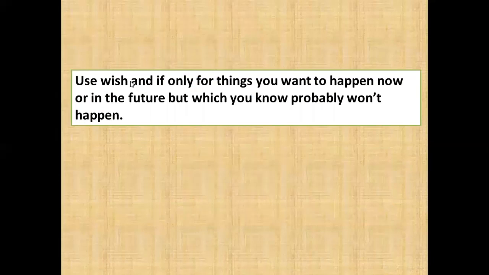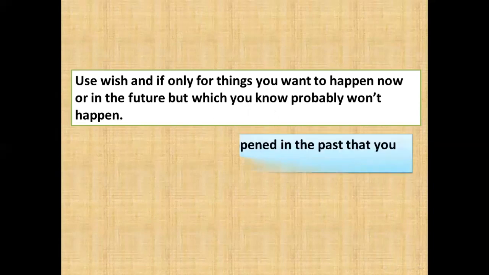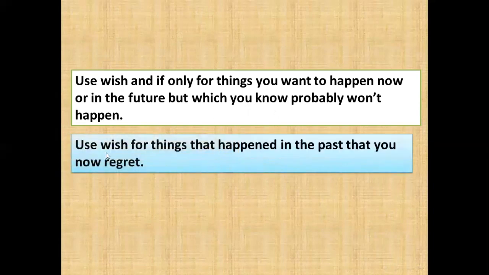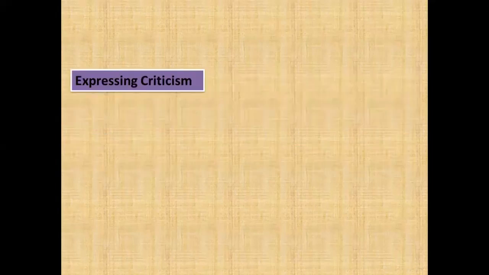We use wish and if only for things you want to happen now or in the future, but which you know probably won't happen. So it's a wish. We use wish for things that happened in the past that you now regret, but in fact, they didn't happen. The next part, how to express criticism.